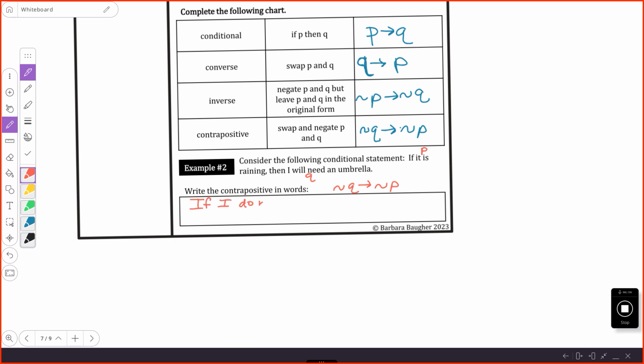If I do not need an umbrella, then it is not raining.